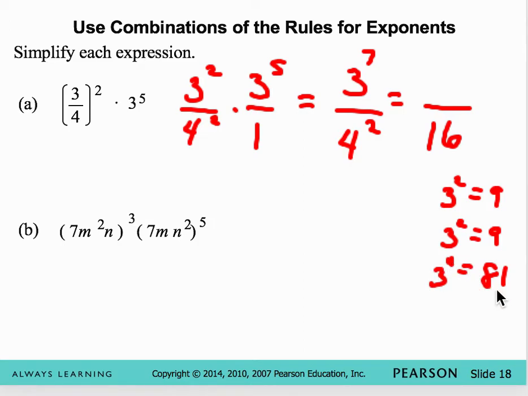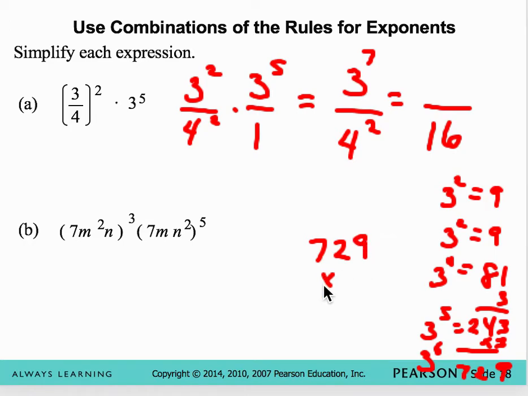So if I did it times 3 again, that would be 3 to the 5th, would be 243. And then if I did it times 3 again, that would be 6 3s, right? 1, 2, 3, 4, 5, 6. 3 times 3 is 9. 3 times 4 is 12. So that's 729, and then I'd still have to multiply by one more 3.